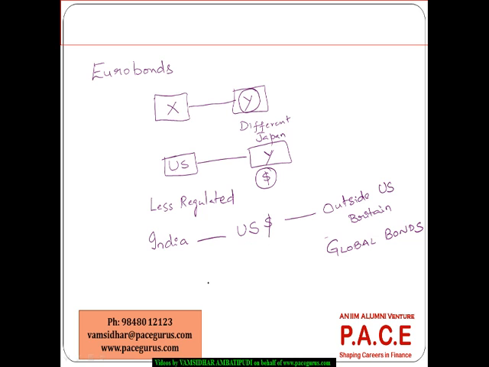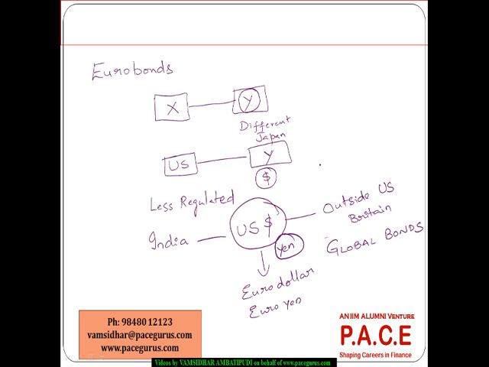Generally, the way we classify those bonds is by the currency. So if a bond is denominated in US dollars and is trading outside the US, we call them euro dollar bonds, or we call them euro yen bonds in case the currency is yen but issued by any firm and traded outside the Japanese market.